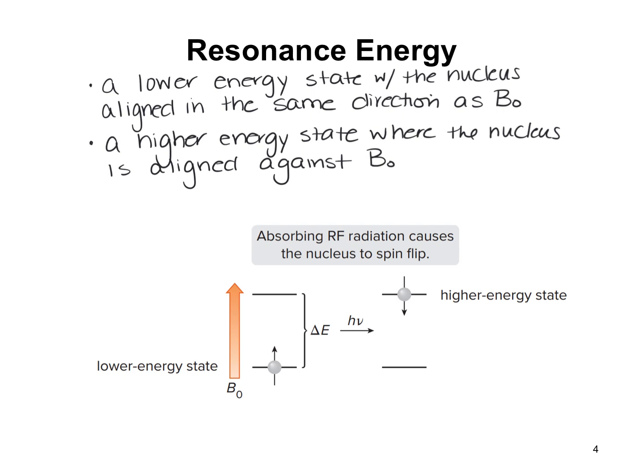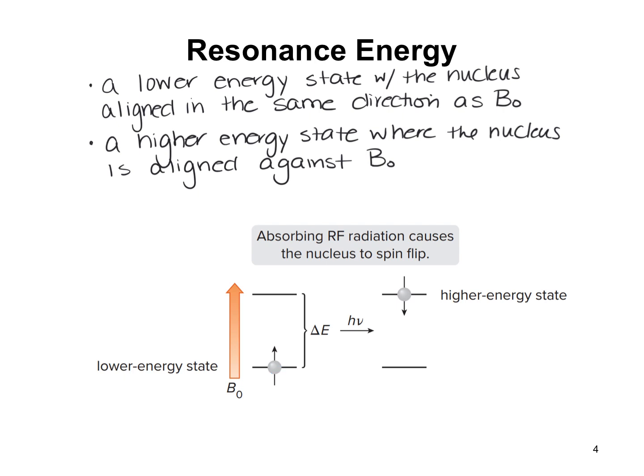So when an external energy source, shown here as h nu, that matches the difference in energy between the low and the high state is applied, that energy is absorbed. And when that energy is absorbed, it causes the nucleus to spin flip.